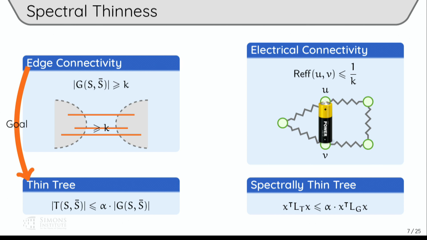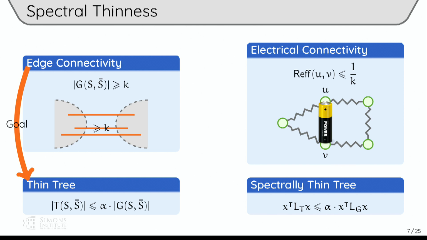For now, you can think of it as electrical connectivity, which means think of your graph as a network of unit resistances. If you put a battery on the two nodes of an edge, you can measure the voltage and the current, and if you divide them, you get the effective resistance between these two nodes.